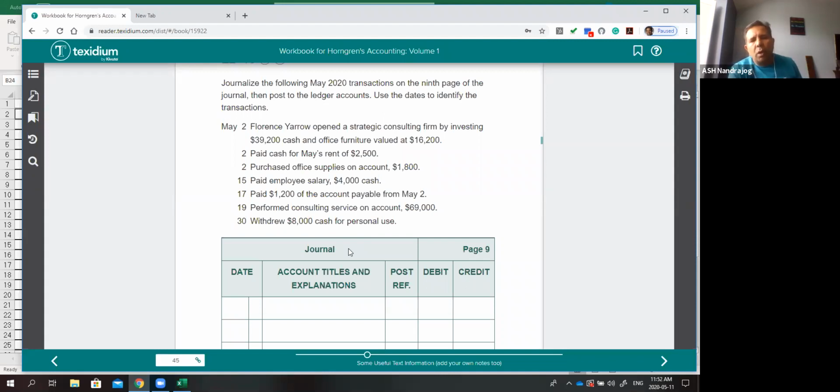So there is a withdrawal account, which is a contra equity account. So that account increases with debits, and you will learn later as the course progresses how these temporary accounts are closed at the end of the period or end of the year.